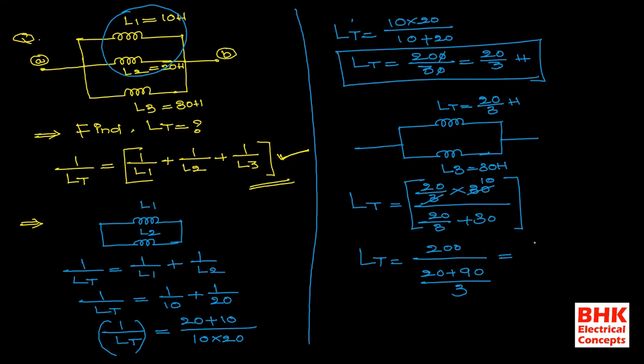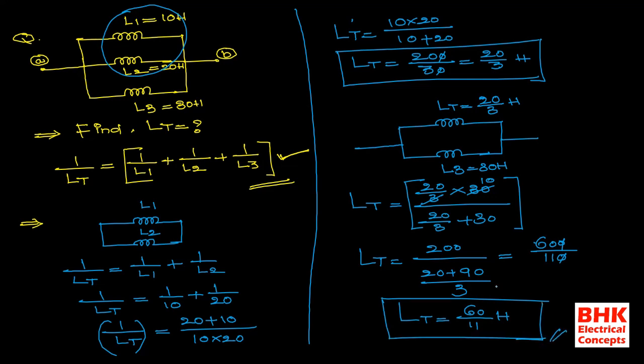That is equal to 600, because the denominator of the denominator comes to the numerator, then 3 twos are 6, so 600 divided by 110. Here the 0 gets cancelled. Then the total value LT is equal to 60 divided by 11 Henries. So this is the value of the total inductance for this parallel combination of 3 inductances.